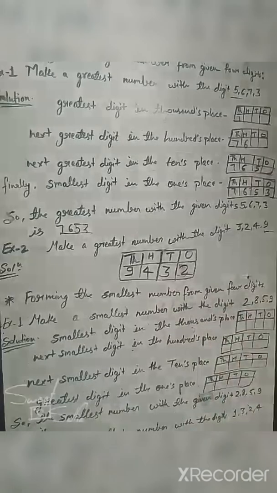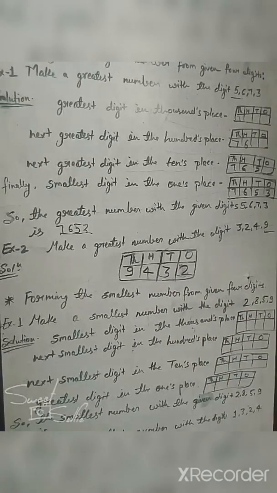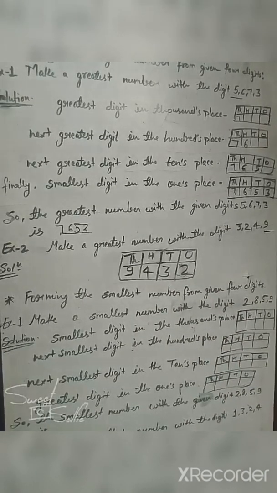3249. Okay, let's see forming the smallest number from given 4 digits.